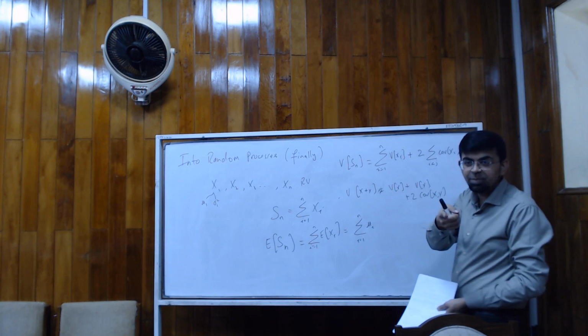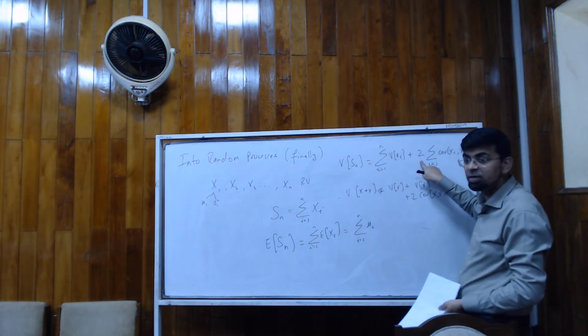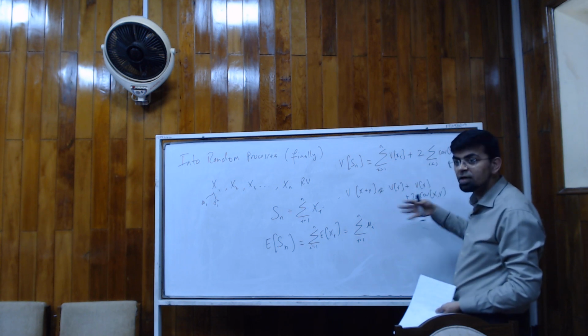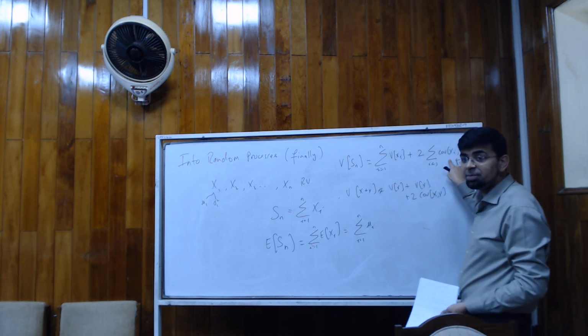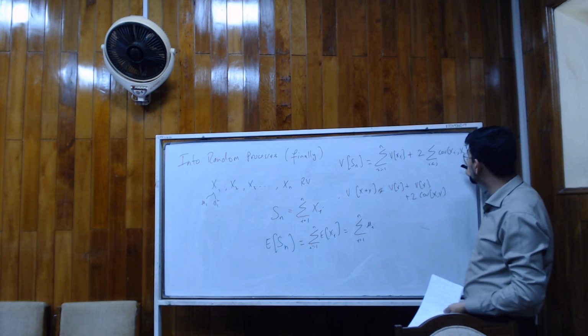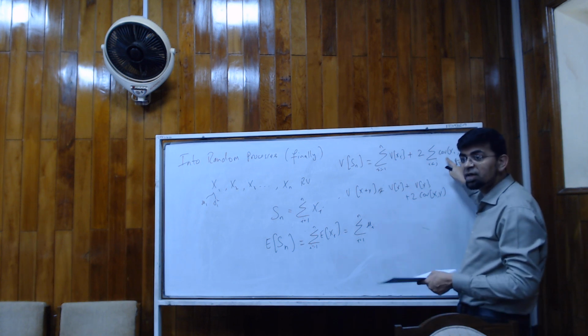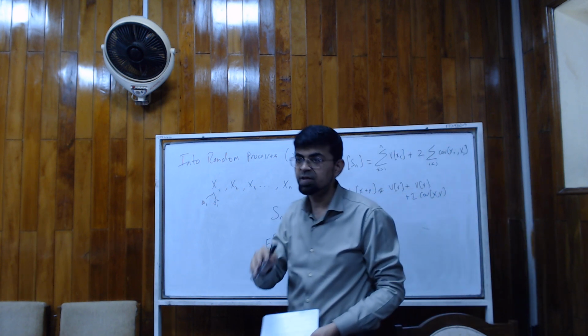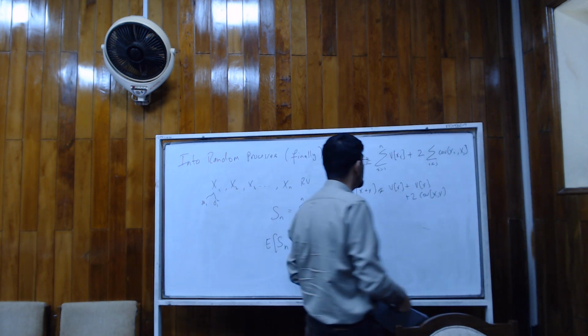To not repeat the pairs. So we don't want covariance x1 x3 and covariance x3 x1, it is the same thing. In that sense, it's not different. So we don't want to repeat that. So this is what it is.